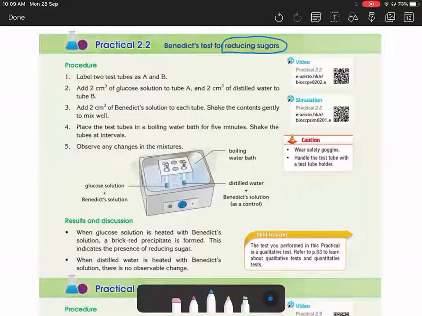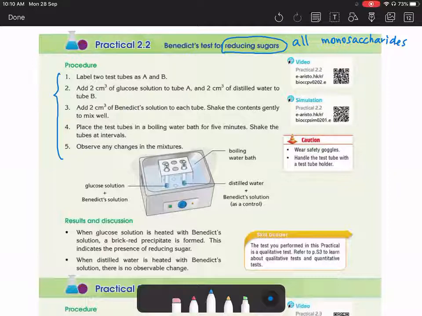Remember, all monosaccharides are reducing sugars. So I can still use the same glucose solution. Okay, let's go through the procedure first, and then I will show you the steps, okay?